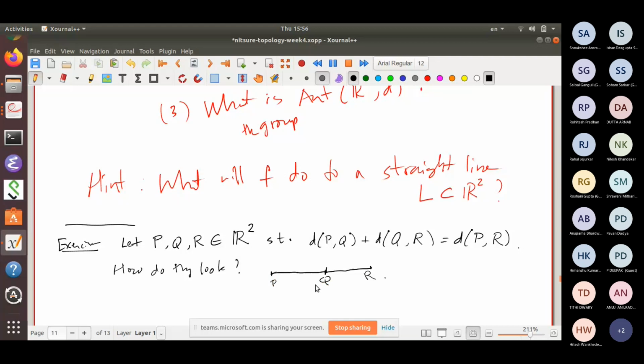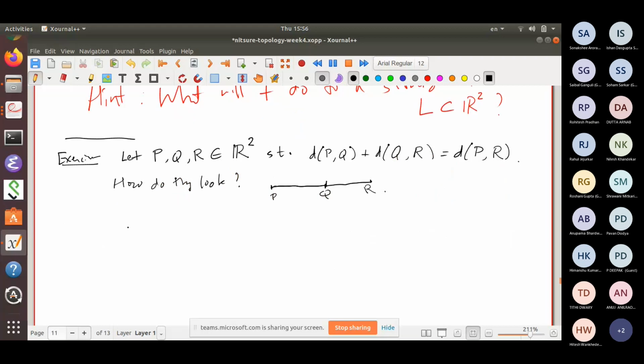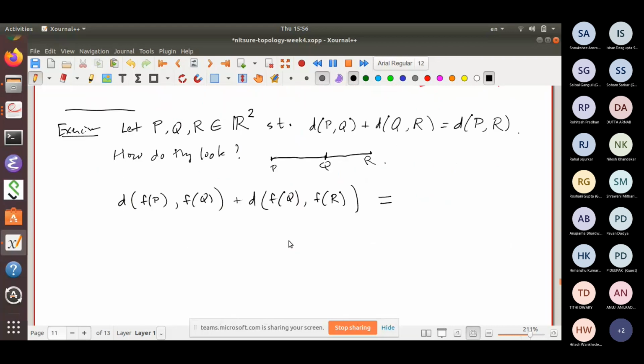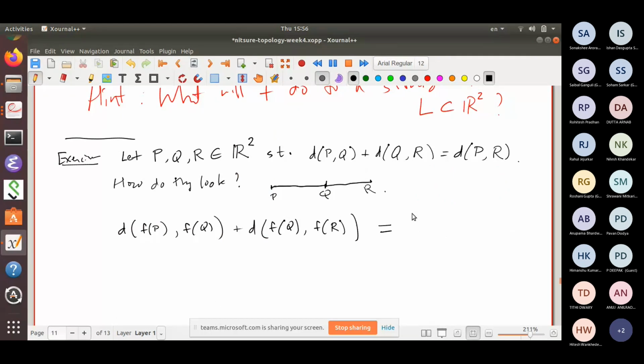And now what can you say about d of FP, FQ plus d of FQ, FR? What is that equal to? Remember, F is a distance preserving map from R2 to R2. So it is d of FP, FR.